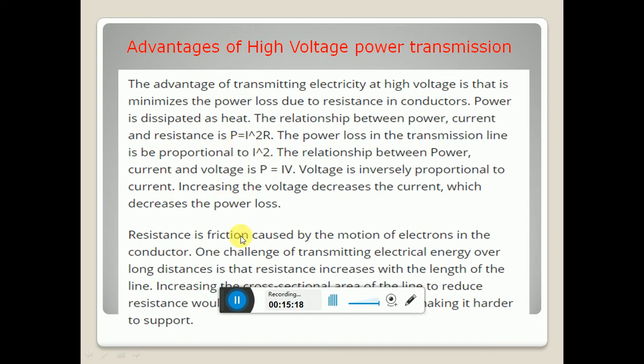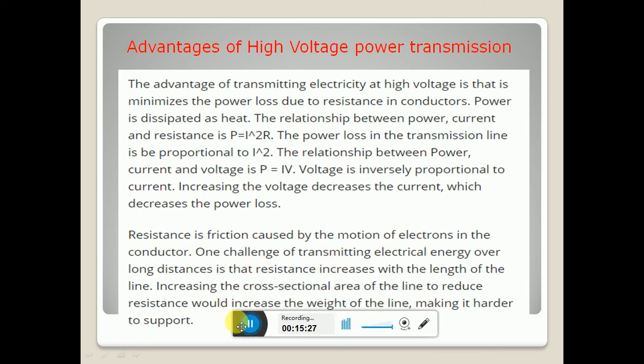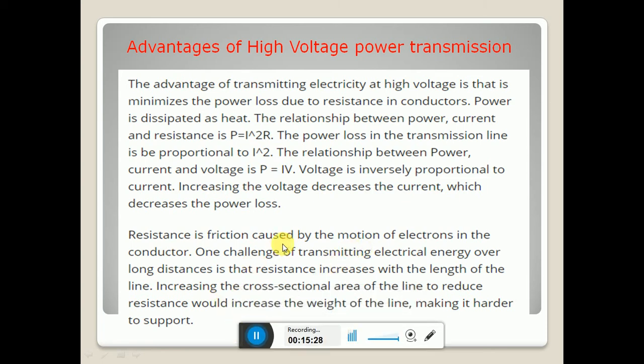The second reason is the resistance caused by the motion of the electrons in the conductor. The cables we are using are very long cables. If we use very long cables, the resistance offered by that cable also will be more. If resistance is more, power loss is also more.